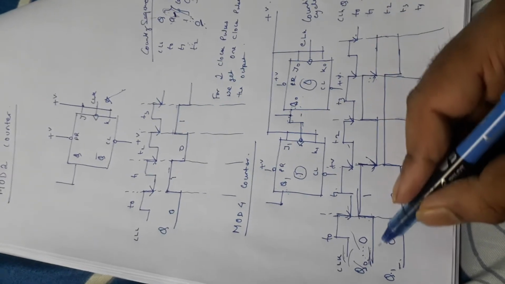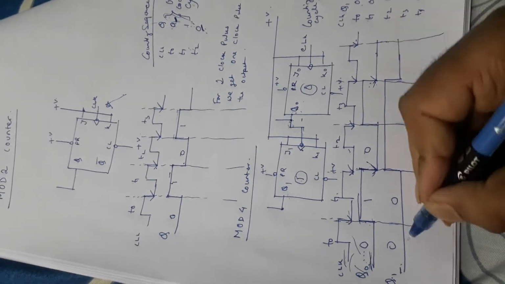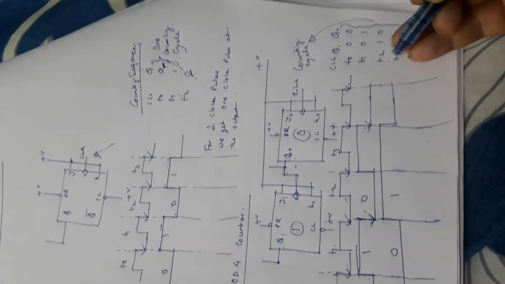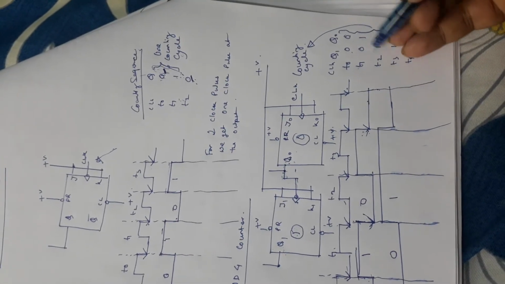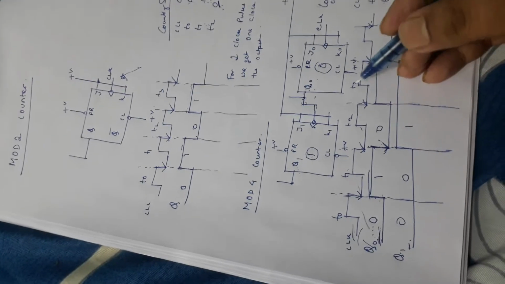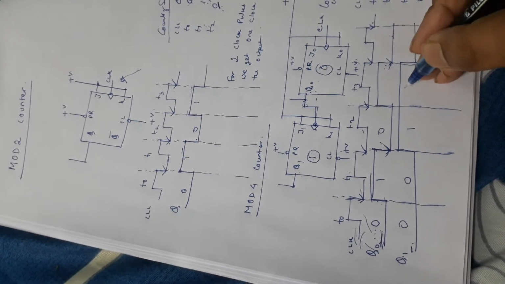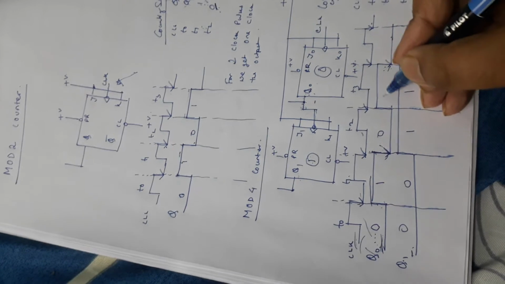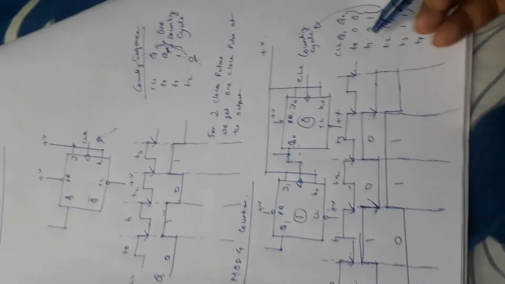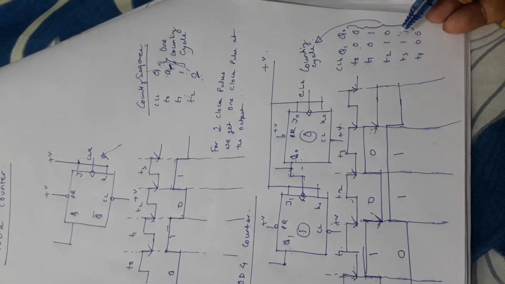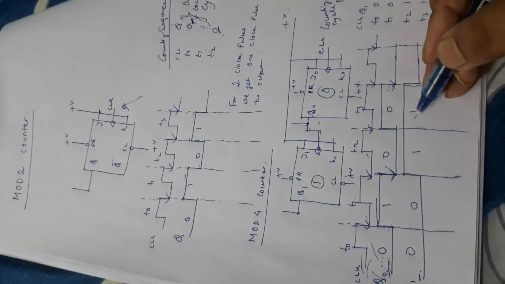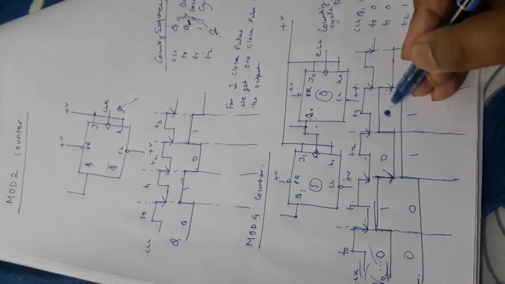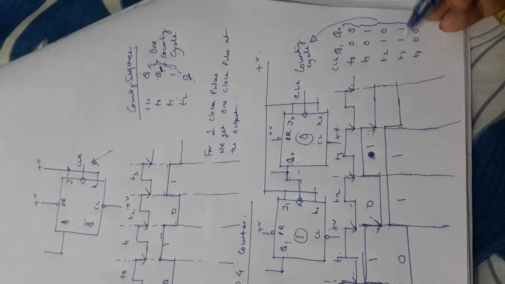In the T2 state, Q0 is 0 and Q1 is 1. And in the T3 state, sorry, Q1 and Q0 both are 1.